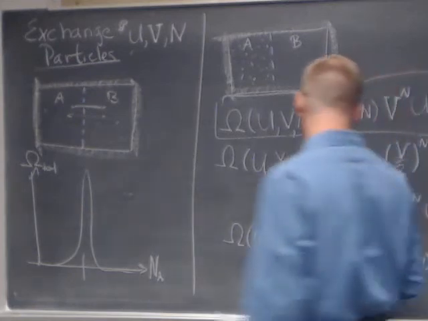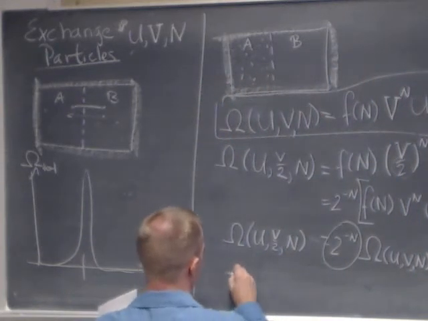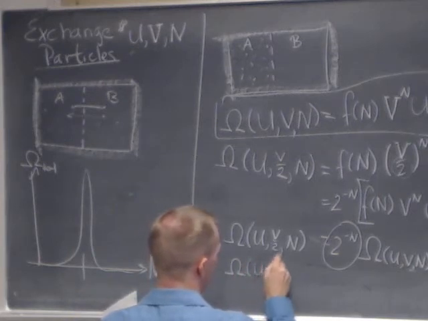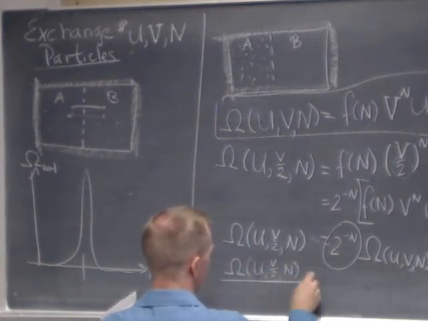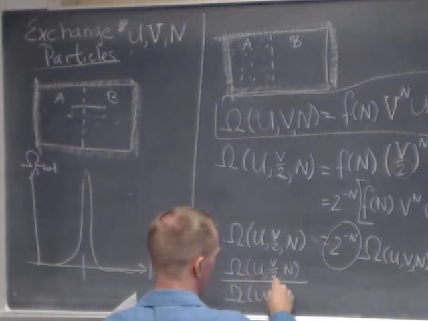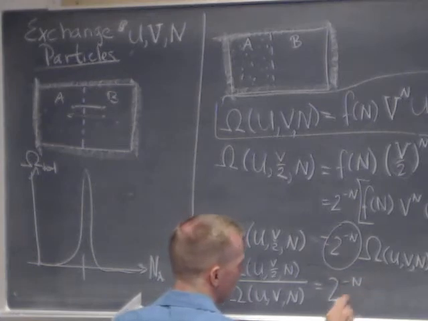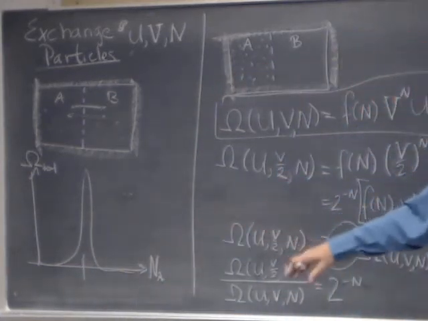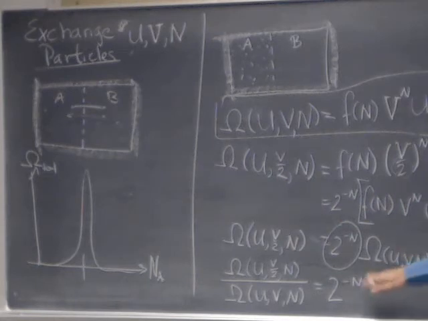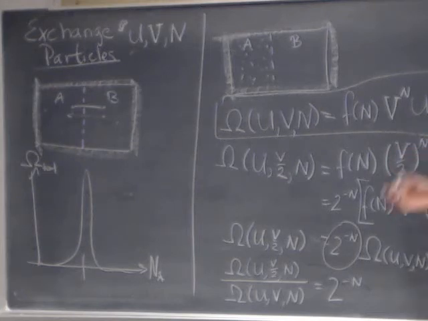Or for that matter, I can take the ratio of those multiplicities, which is 2 to the minus Nth power. The ratio of multiplicities is the ratio of probabilities. Multiplicity is not probability. You've got to divide by the total. But a ratio of multiplicities is the ratio of probabilities of finding it that way.